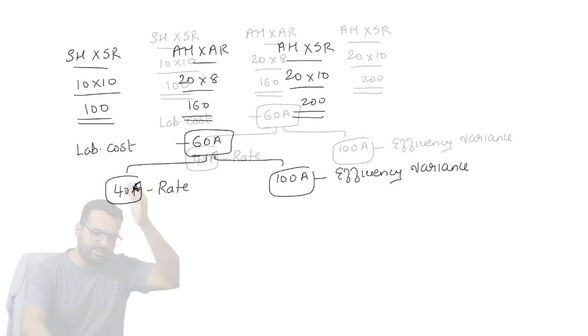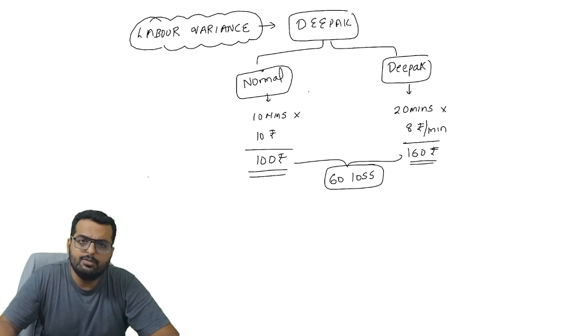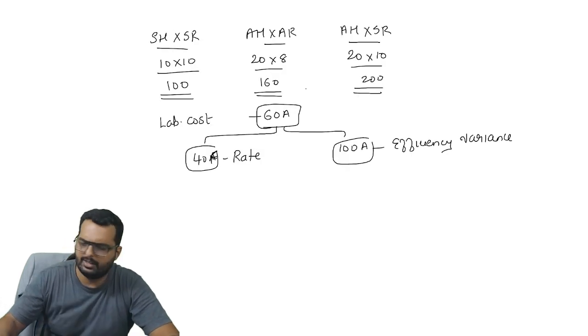I believe everybody is done writing this also. So we are done with labor variance. After labor, what is the next point that is coming over here? Is the same thing I'll write down.